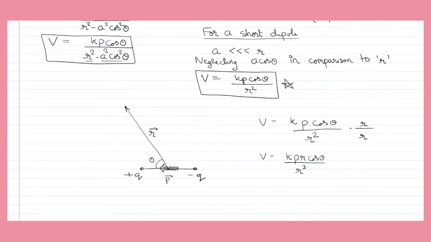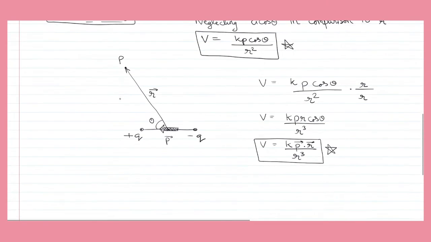So this P R cos theta gives us K P vector dot R vector upon R to the power 3. This also proves that it is a dot product, so it has to be scalar. So at this point P, the potential will be Kp cos theta upon R square.